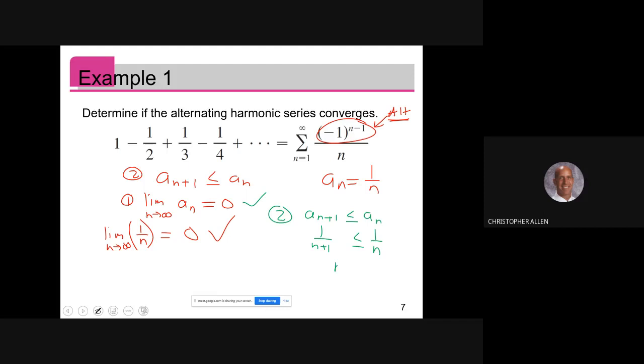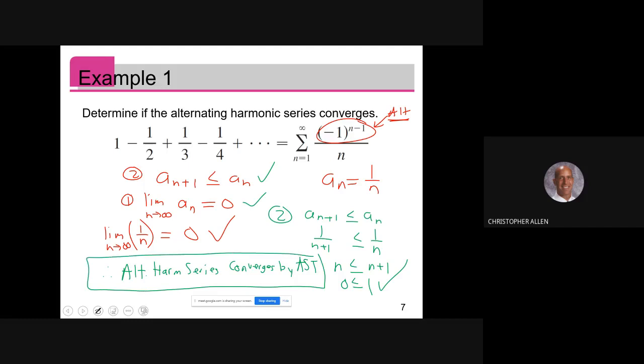Now we'll just cross multiply, subtract n on both sides. Both conditions have been met. Therefore, the alternating harmonic series converges by AST. That's your answer.